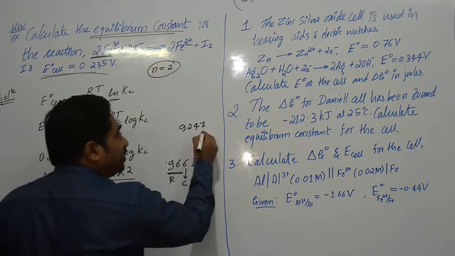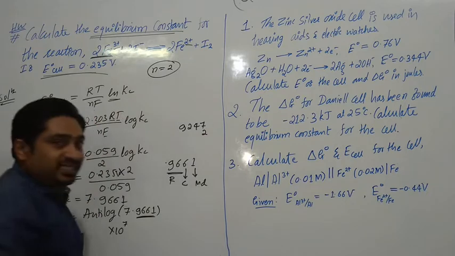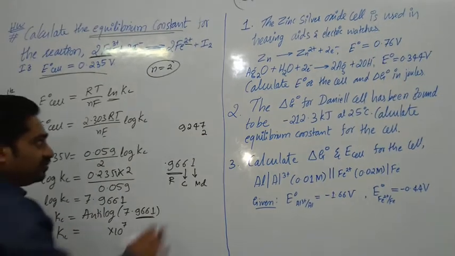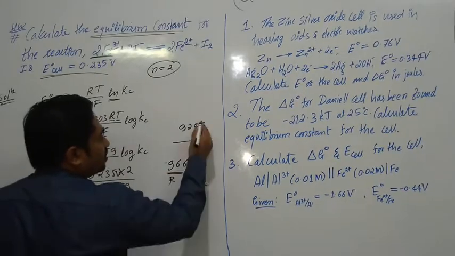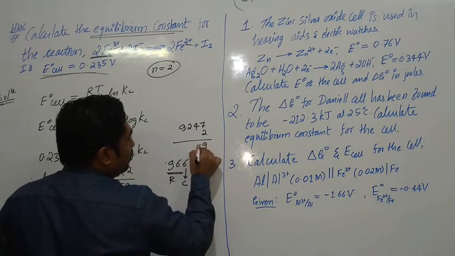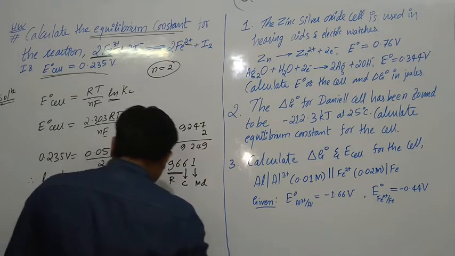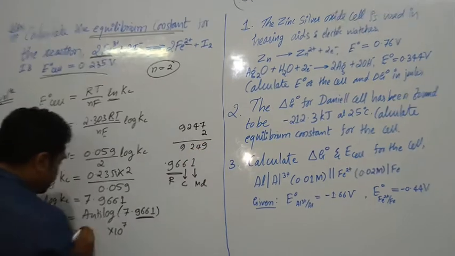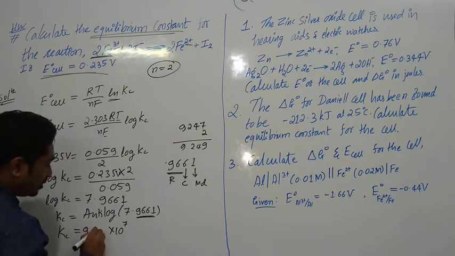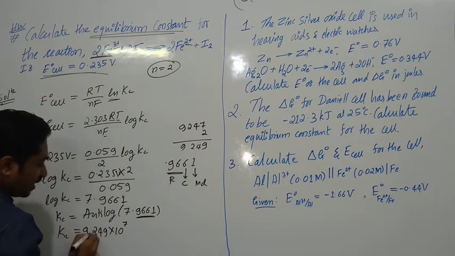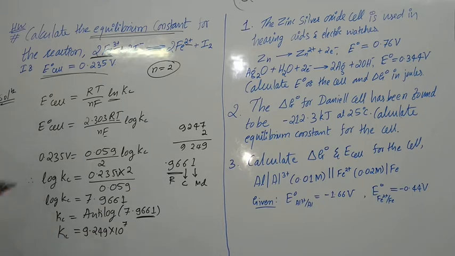We have to add the mean difference to the last digit of the number. Now it becomes 7 plus 2, 9, so 9249. So my antilog value is 9249. Then I have to place a decimal point after the first number.